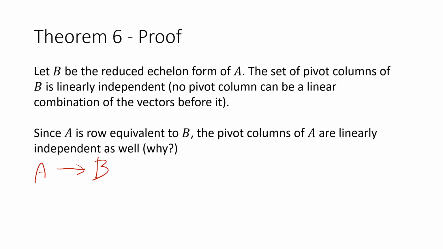You would get a matrix where every column would be a pivot column, which means that it's linearly independent. So if you don't see where that is, think about it: if I take my matrix A, get rid of all the non-pivot columns in it, what am I going to get when I row reduce, and what does that mean?